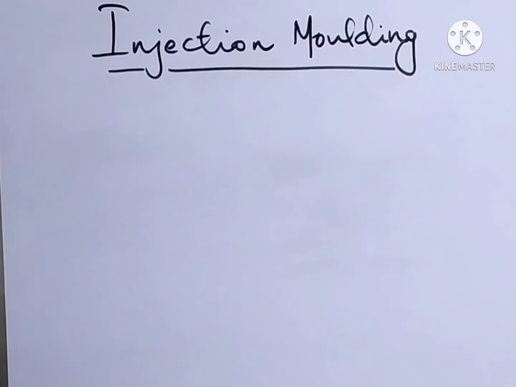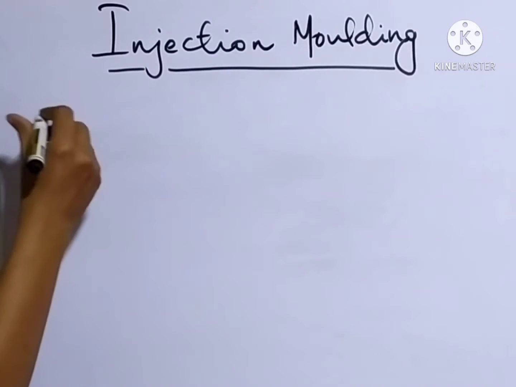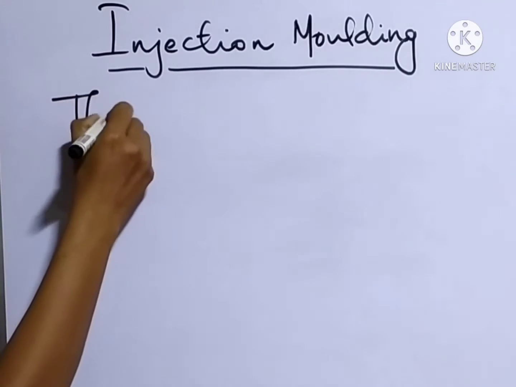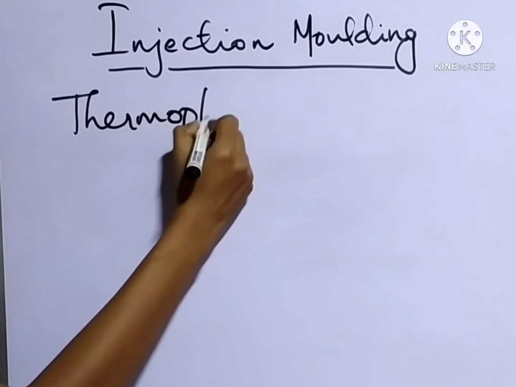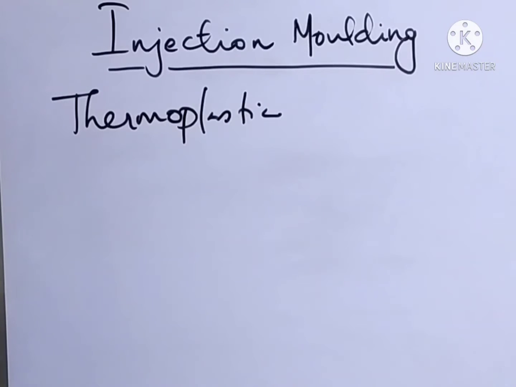The second molding method is injection molding. This is the best method for thermoplastic materials.